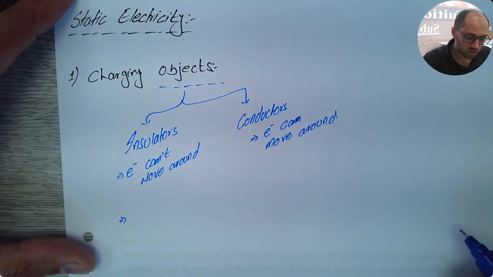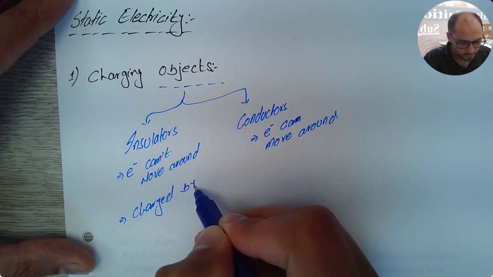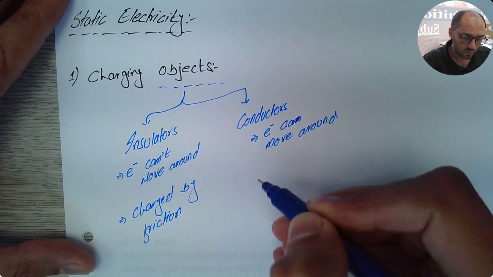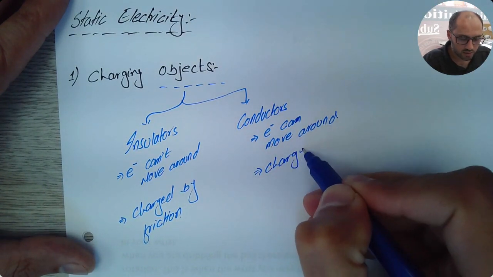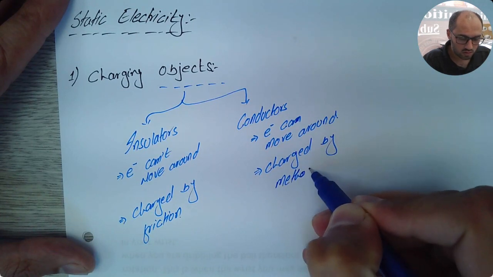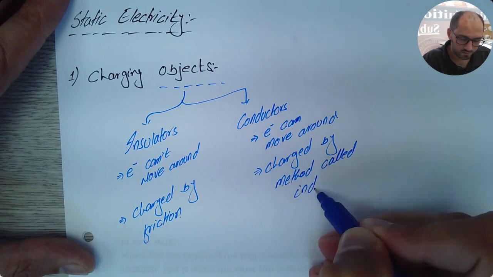Insulators are charged by friction, whereas conductors are charged by method called induction.